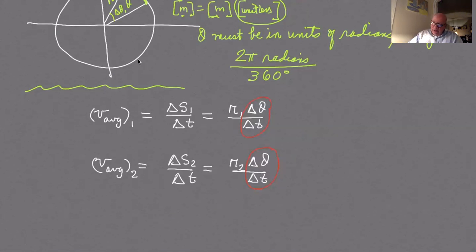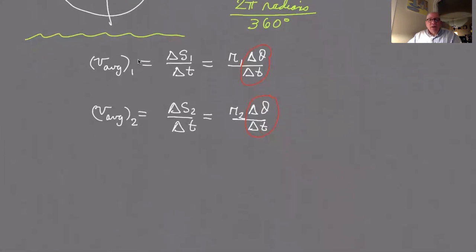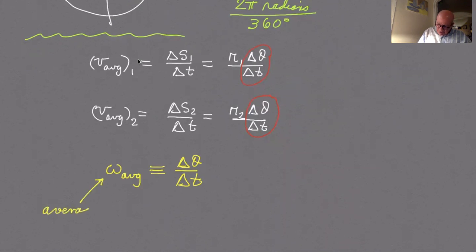So we define a new rotational variable, right? We define omega average to be delta theta over delta t, okay? We call this the average angular velocity or speed.